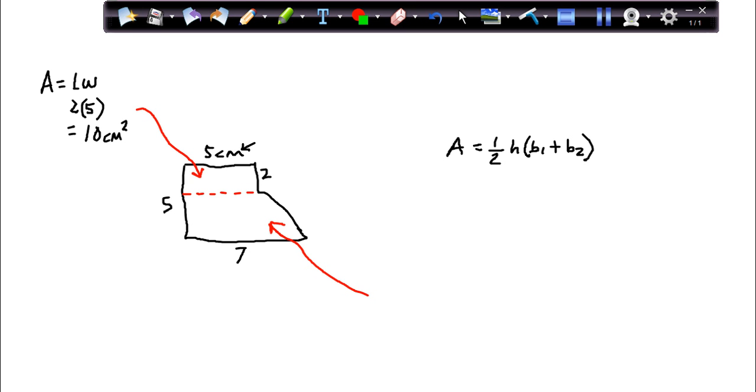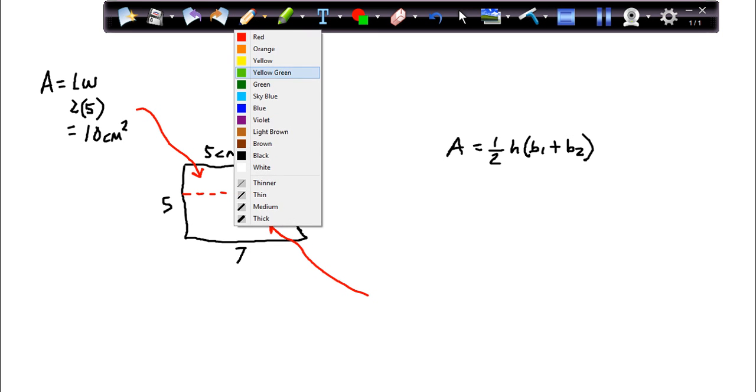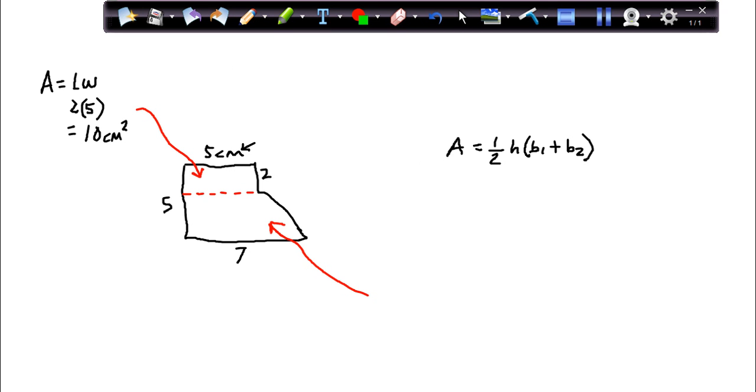If you look in your book, they show the height, because we're going to need to know what the height is, right? Let me get a color pen. Because 2, 5, and 7 is what we see. But we know this is the height of this trapezoid. They show it to you, 3.